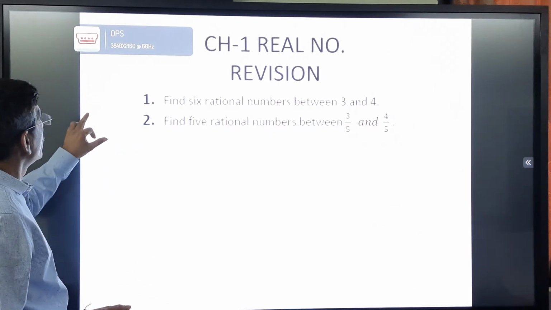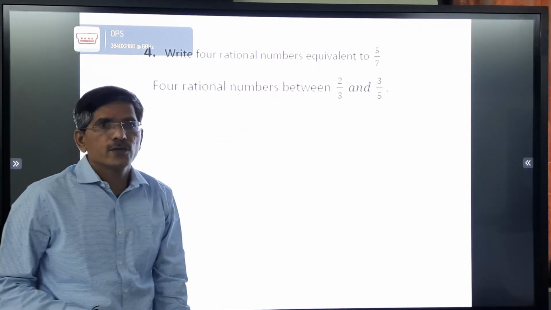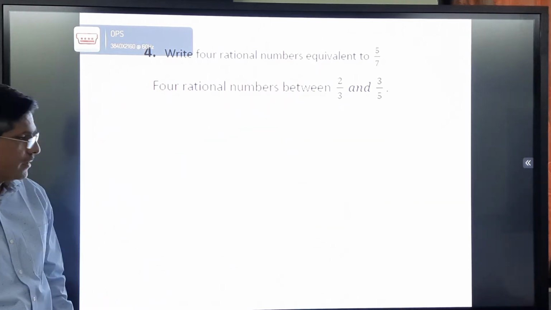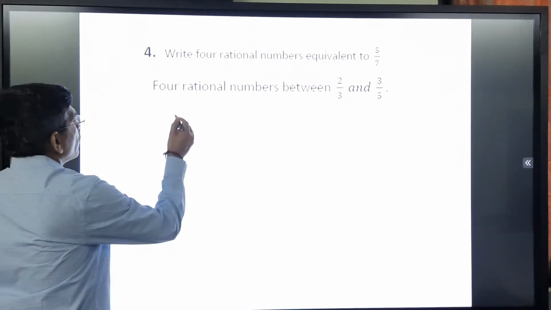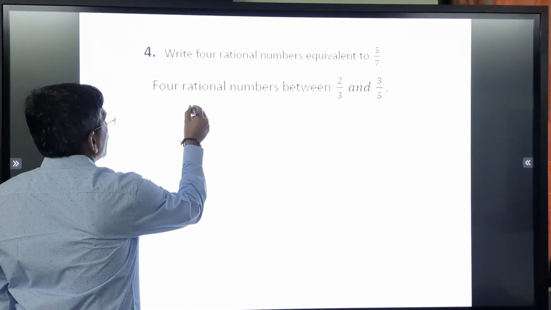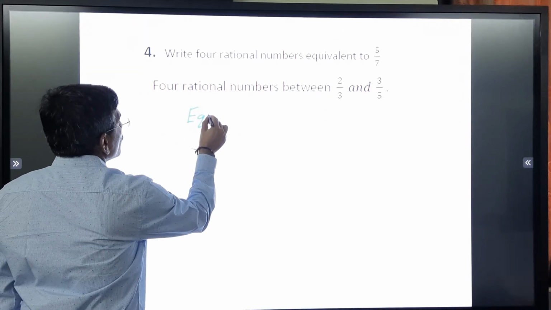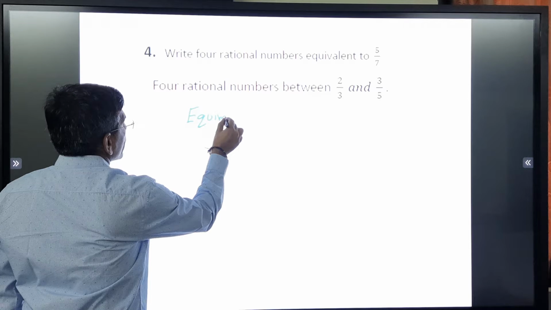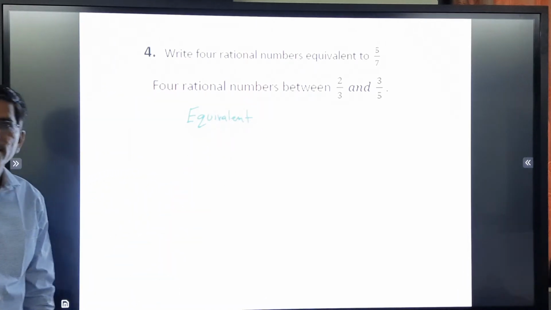Now next, write 4 rational numbers equivalent to 5 by 7. What is the meaning of equivalent? First we have to understand that. If I simplify, I will again get 5 by 7.